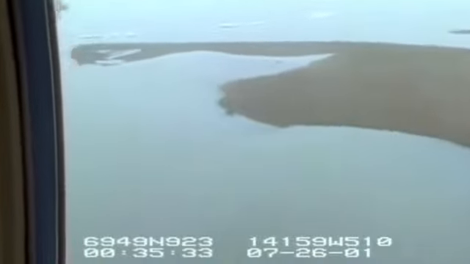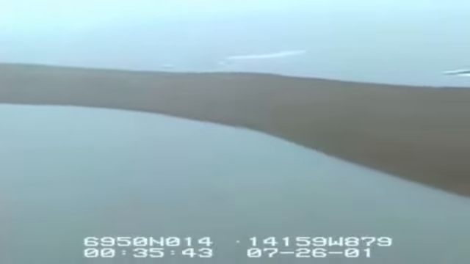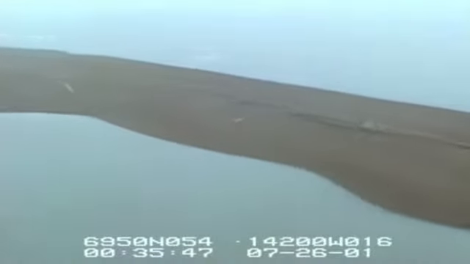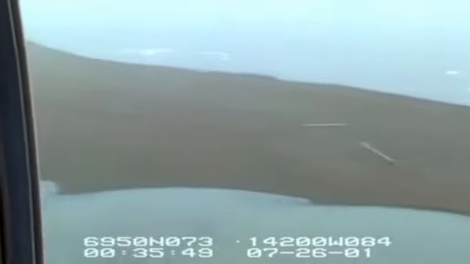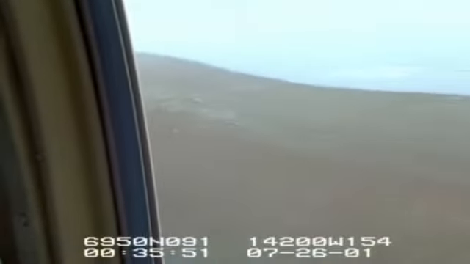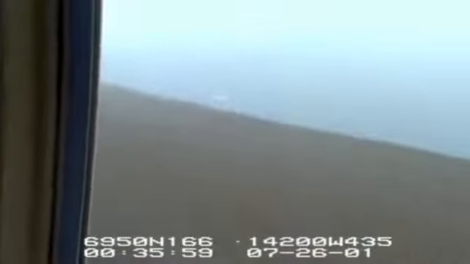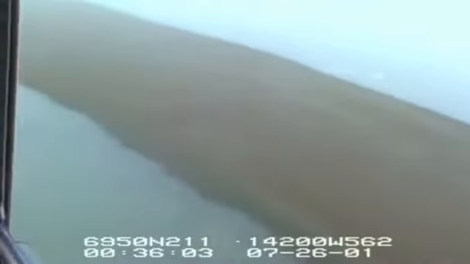We have some black lines through there. Small inlet. A little bit misty.